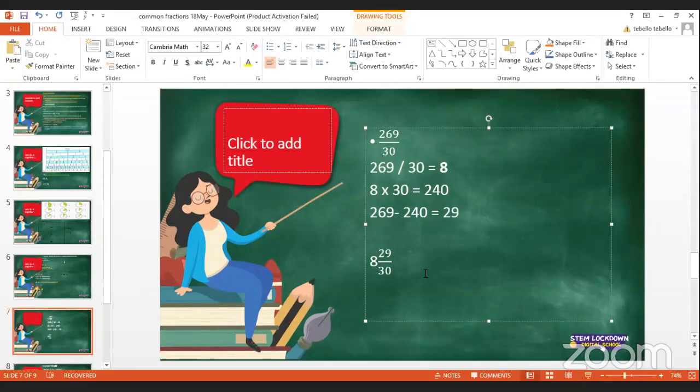So guys, I always like it when we verify our answers to check if we are correct or not. To verify your answer, you can just say 8 multiplied by 30 plus 29, and it must give you 269.